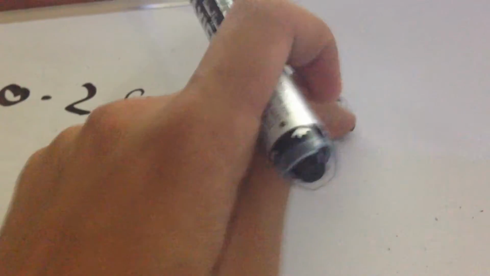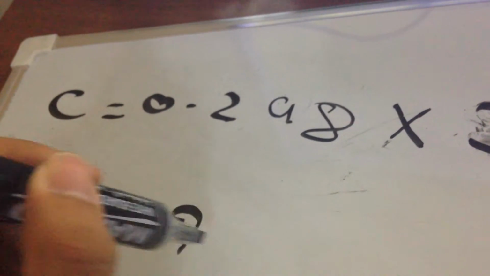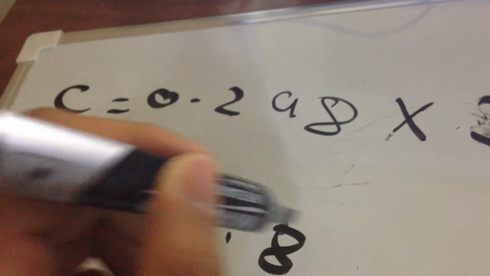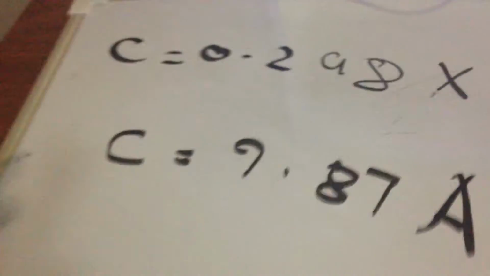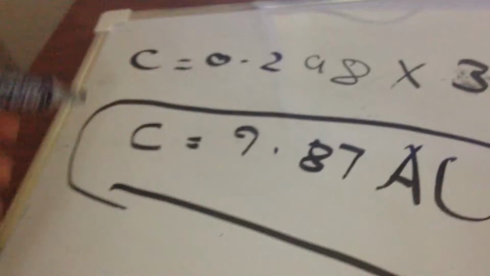So c equals e, which is 0.248, times a, which is 39.8. So c equals 9.87 AU. This is the final answer for question B.